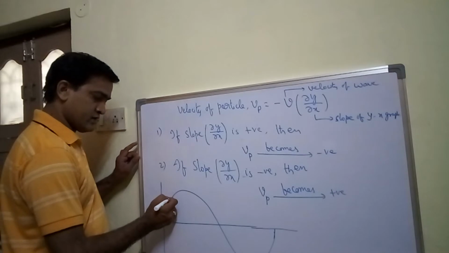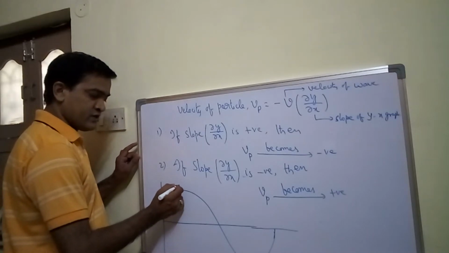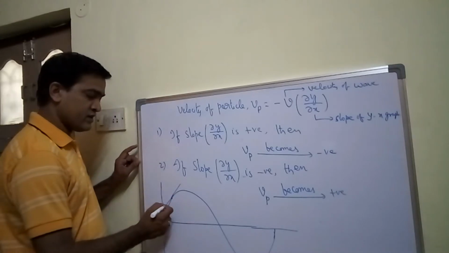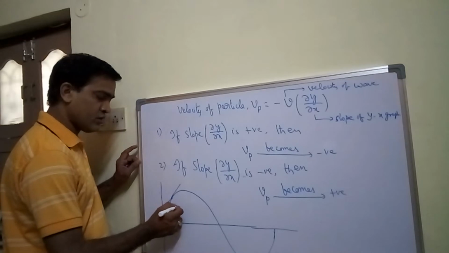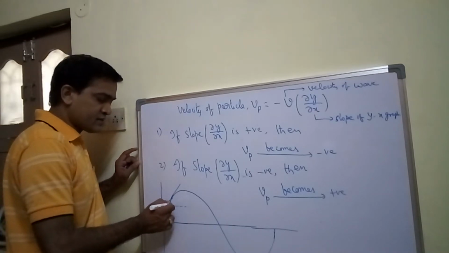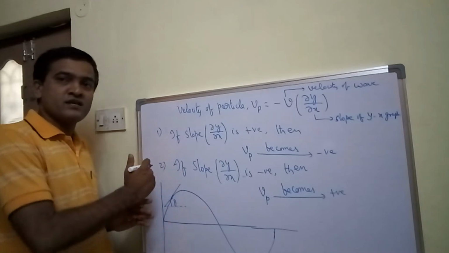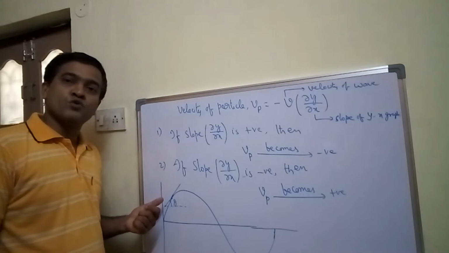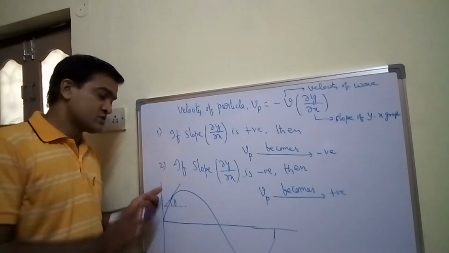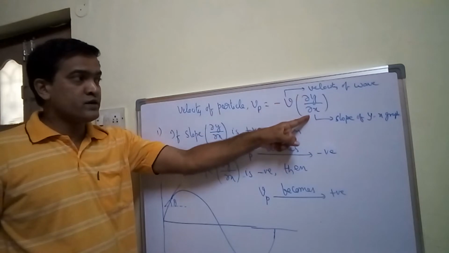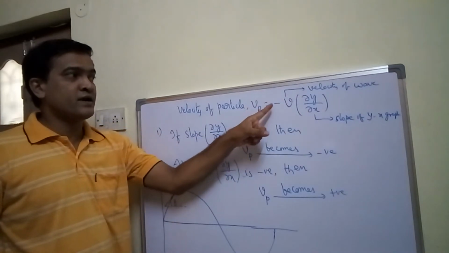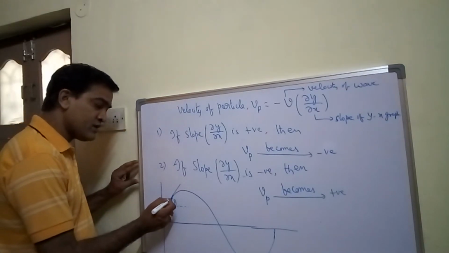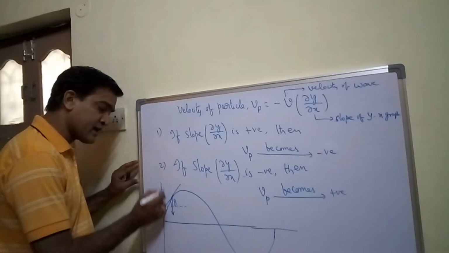Now at this point, if I draw a tangent touching the curve at a single point, and a horizontal line, and take this angle as theta, measuring in the anti-clockwise direction, what happens to the slope here? Slope is positive. When slope dou y by dou x is positive, you get velocity of particle as negative. That means at this point, this particle will tend towards the negative y direction.